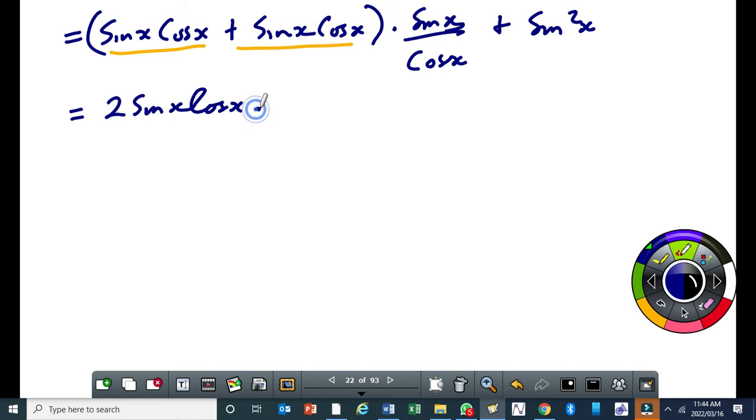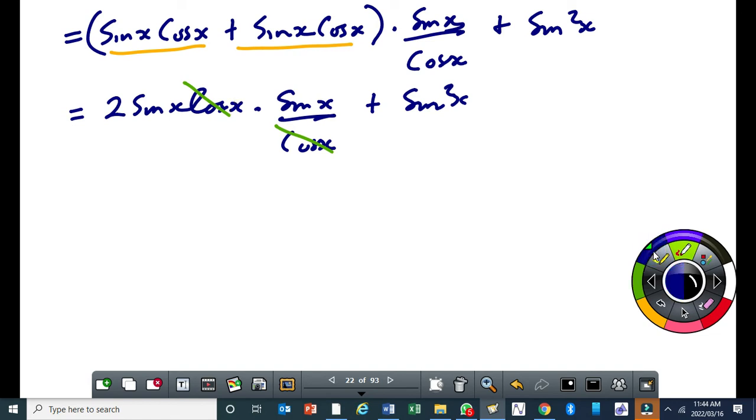This multiplies sine x over cos x plus sine squared x. Then, because of multiplication, this cos x and that cos x will cancel out. So when they cancel out, you're left with 2 sine x times sine x.